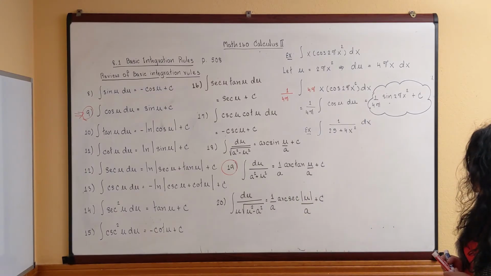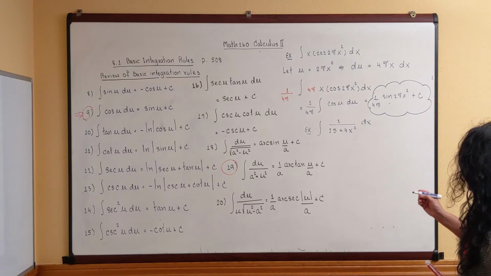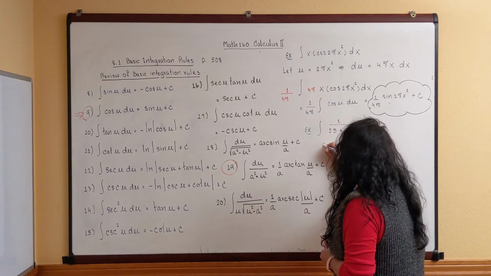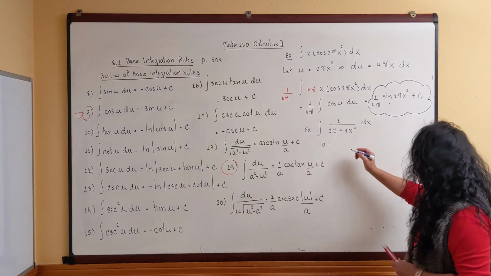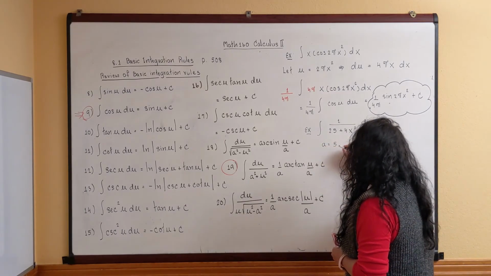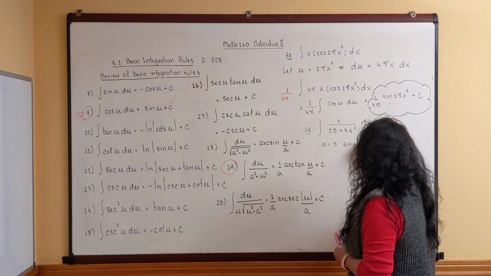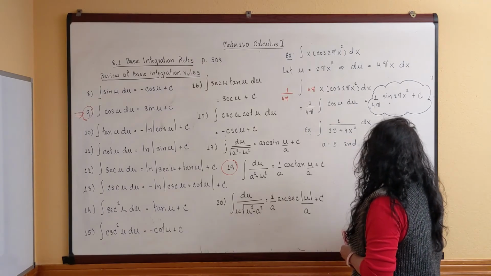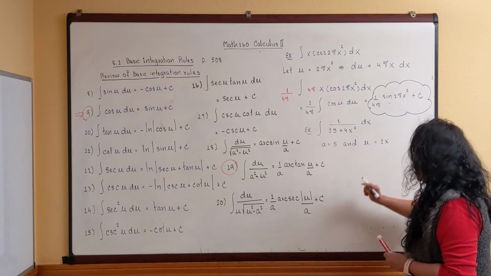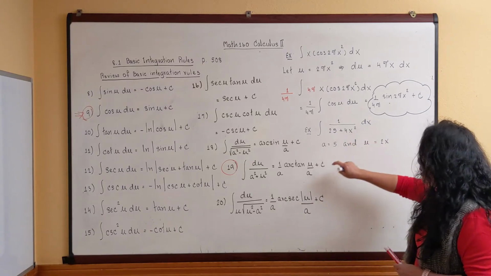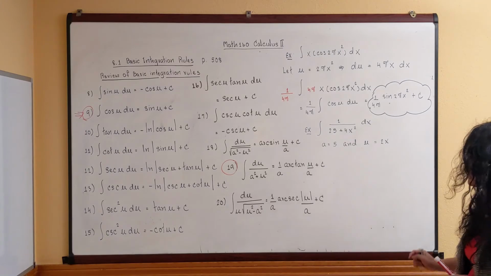So to make it fit 19, my a would be 5, because 5 squared is 25, all right? And my u would be 2x, because 2x squared is 4x squared, right?